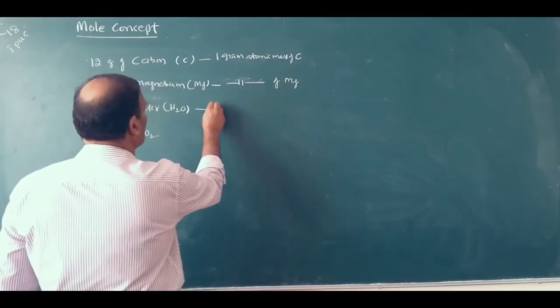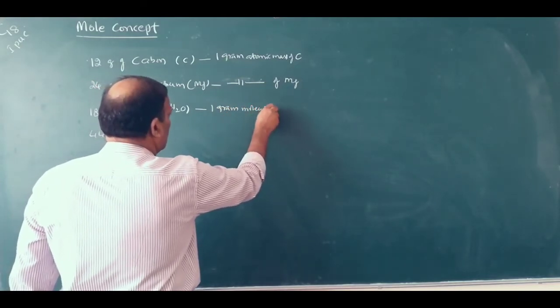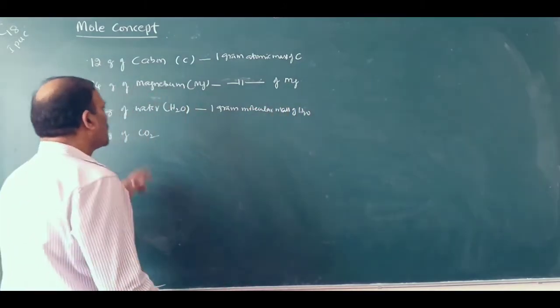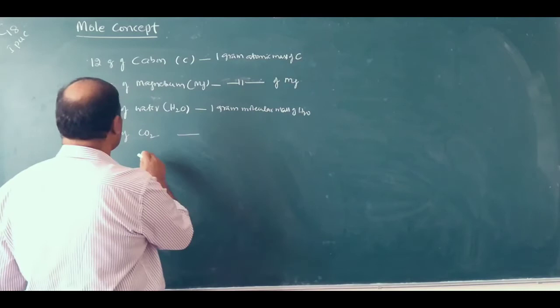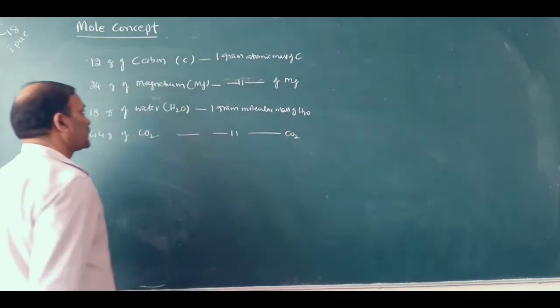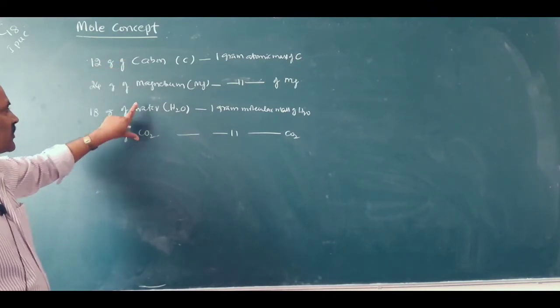Here it is called 1 gram molecular mass of water, and 1 gram molecular mass of carbon dioxide. So these are elements, these are compounds.